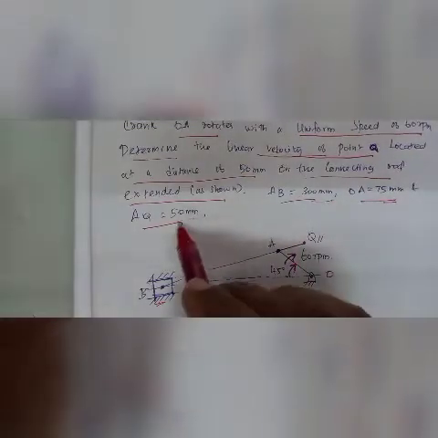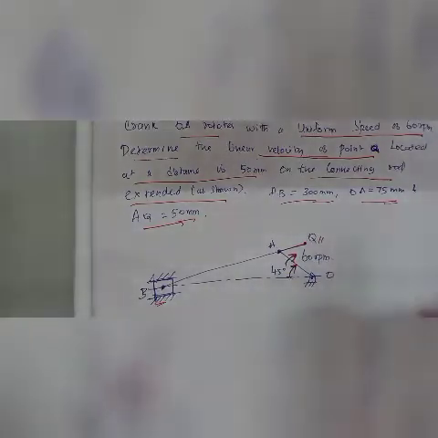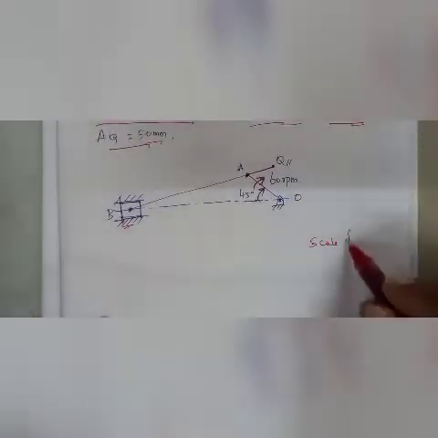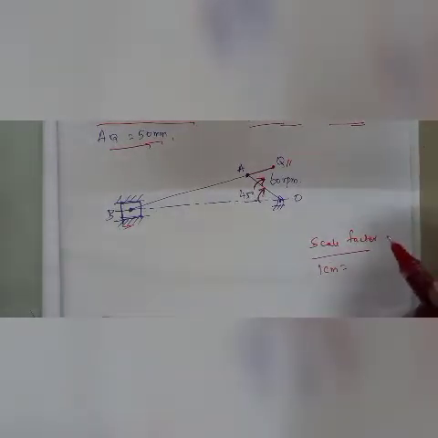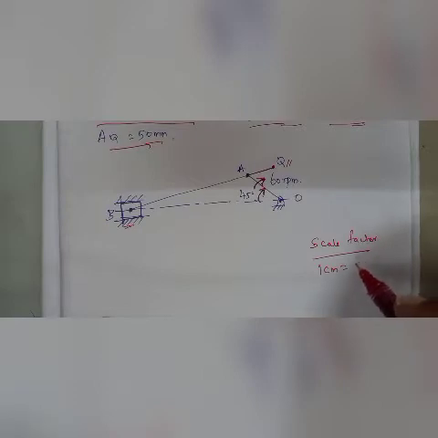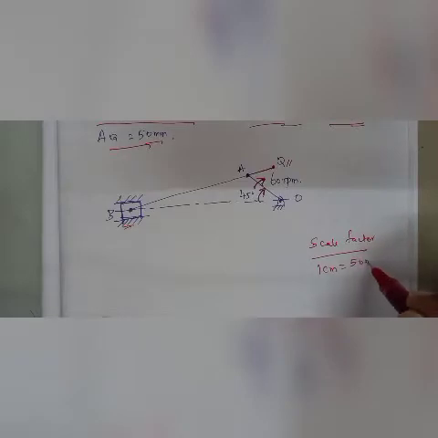So here you can see 300 mm, it is around 30 centimeters, so we cannot draw in our note. So for that I am going to take a scale factor. Scale factor I can take 1 centimeter is equal to 50 mm.